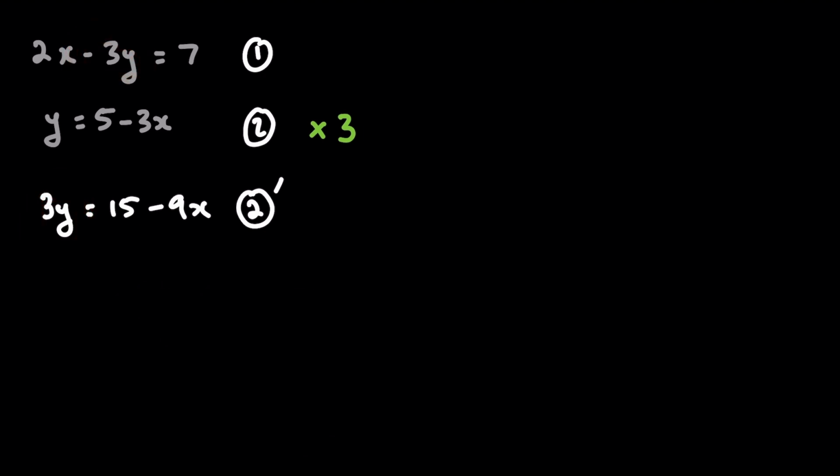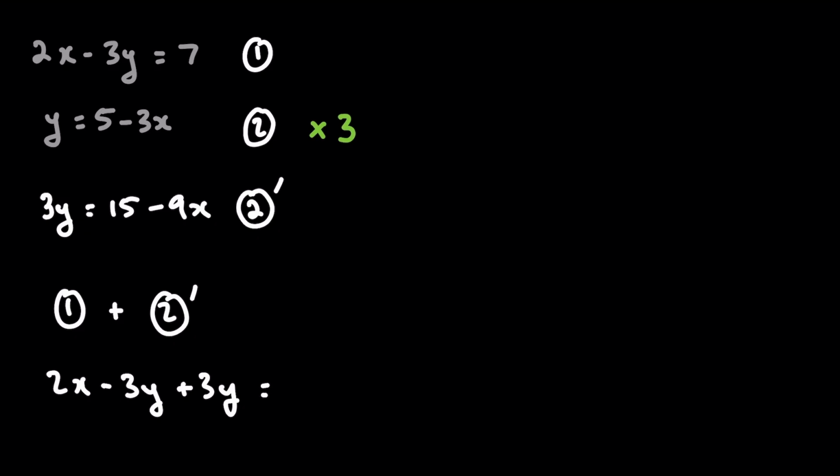So the operation I can do is equation 1 plus equation 2 prime. And so the same steps occur. I have to do everything added on the right-hand side and the same on the left-hand side. So 2x take 3y plus 3y equals 7 plus 15 take 9x.